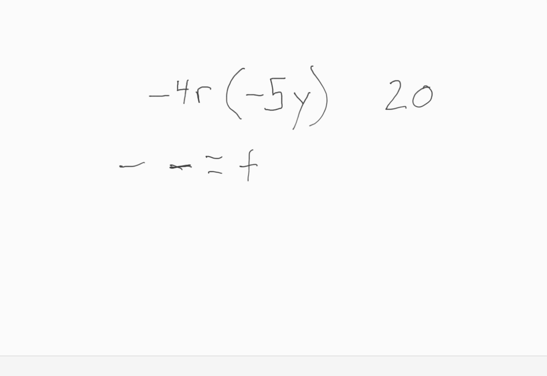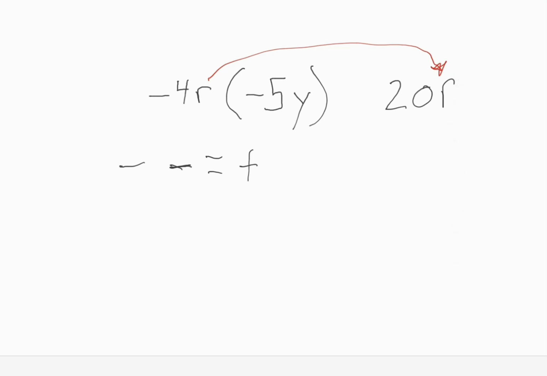Next, I've got r to the first power and y to the first power. I'm going to write my r to the first power here because that's just going to slip in over here. And again, I don't have to write to the first power because when it's to the first power, it's invisible.